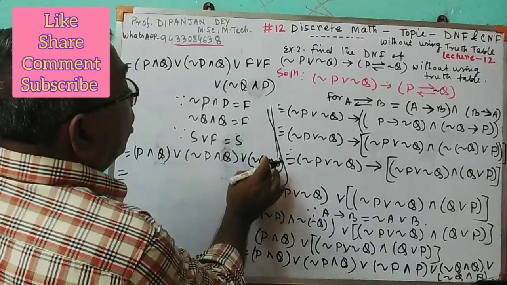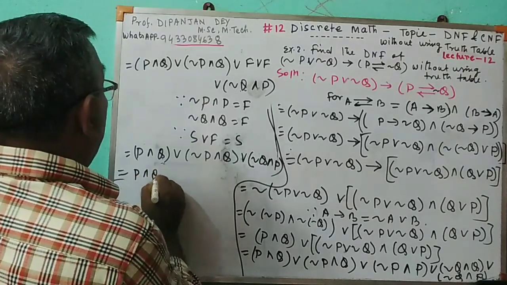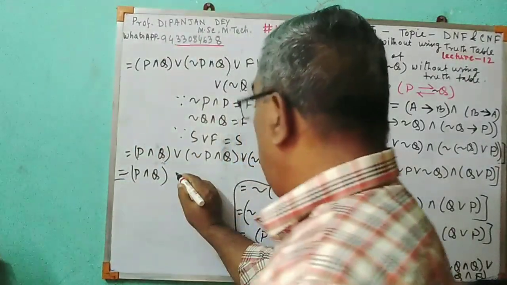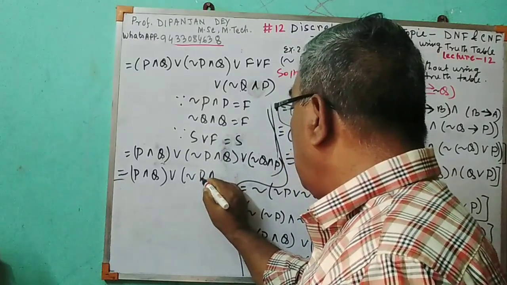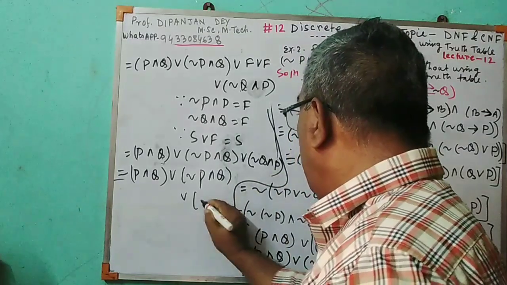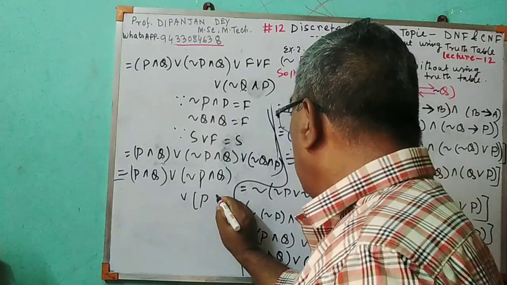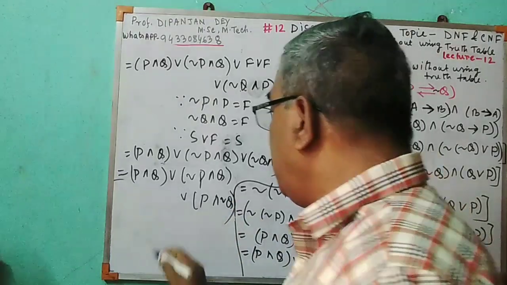So P conjunction negation Q we can write. Try to understand. Then for negation P conjunction Q, commutative property, so P conjunction negation Q. So this is the required DNF.